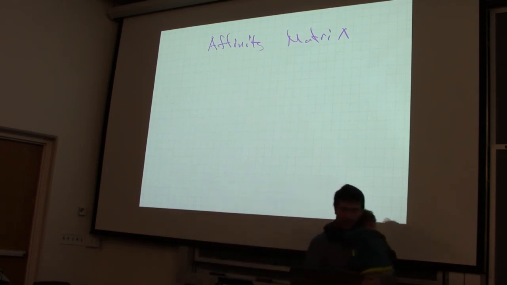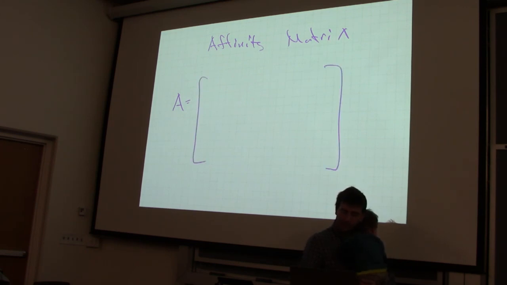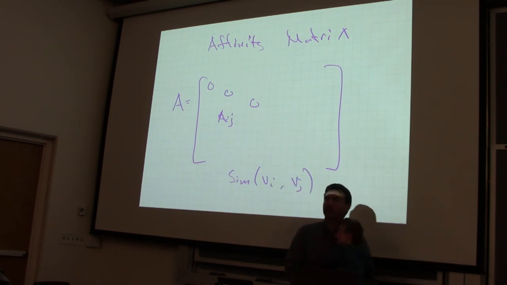Okay, the affinity matrix is going to be A, just like the adjacency matrix. I'm going to set the diagonals to be 0 still. And then entry Aij is just going to be the similarity between Vi and Vj. So if I have a well-defined similarity function, I can just plug this in here, and then I can run the same algorithm as before with this affinity matrix.